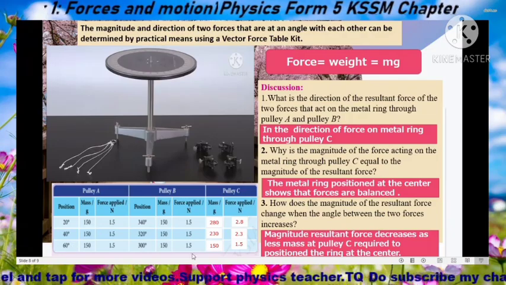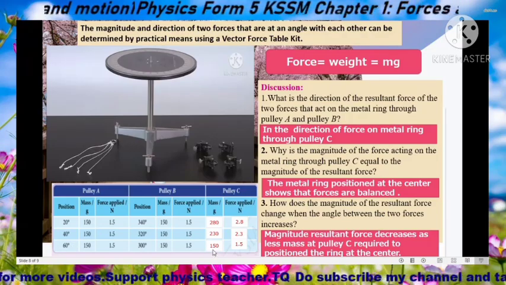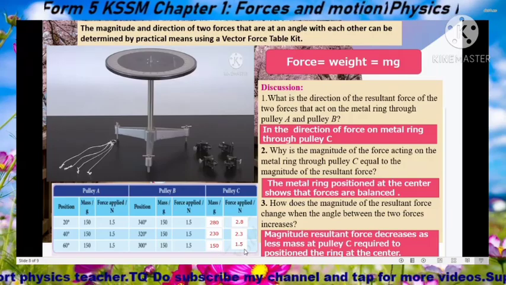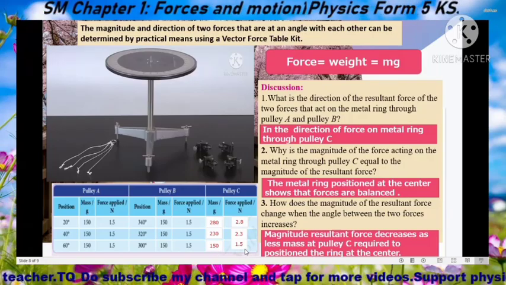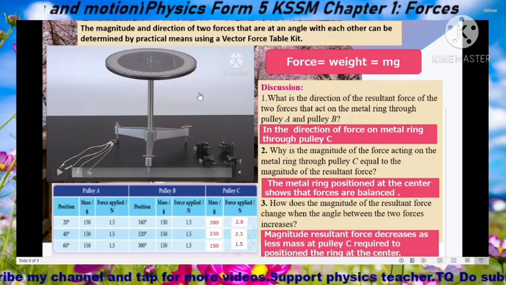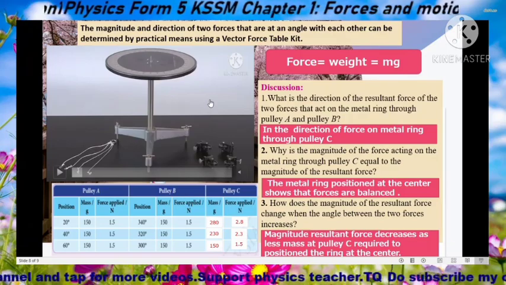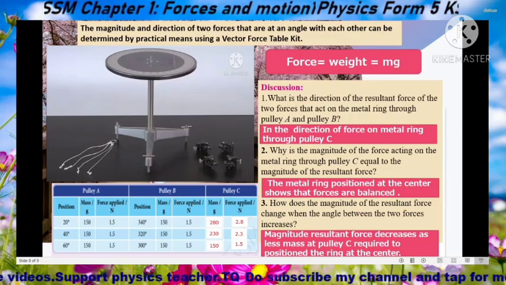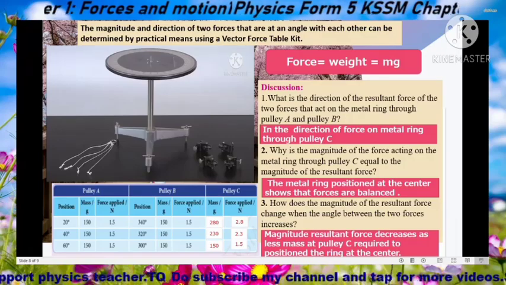And the last one, the mass that we recorded is 150 gram, so the force applied is 1.5 Newton. So this is how this vector force table kit can be used to determine the resultant force for two forces which are not parallel to each other.